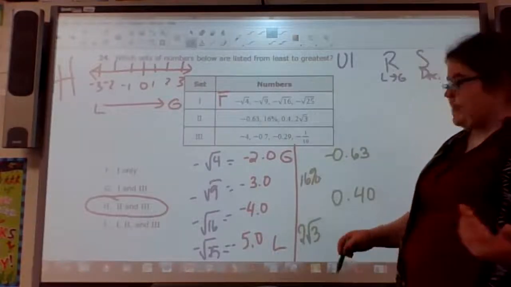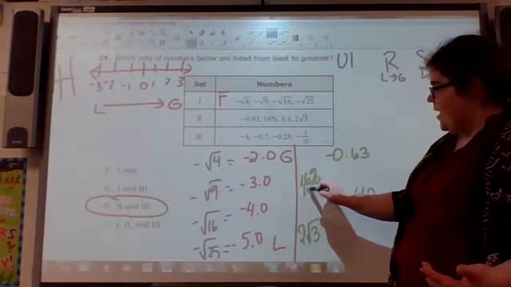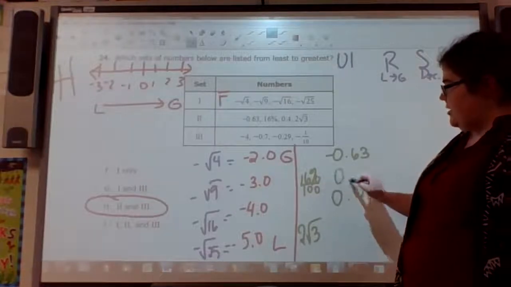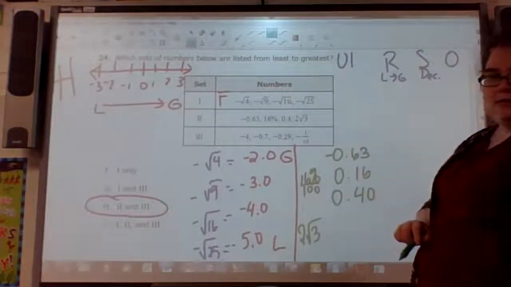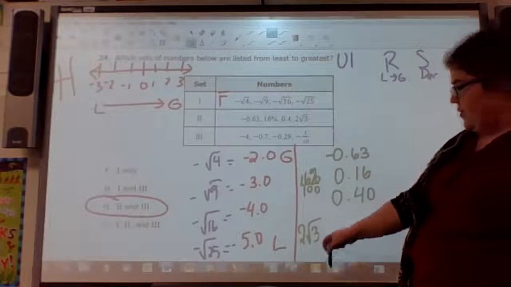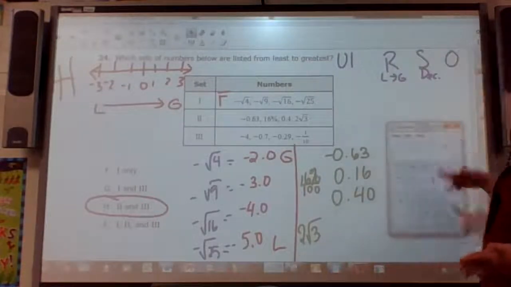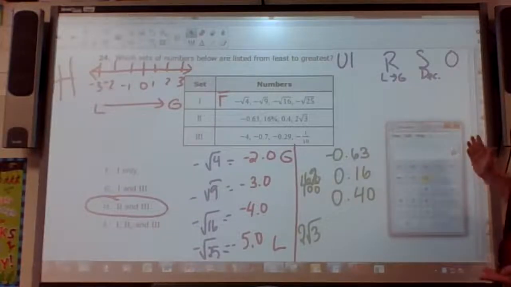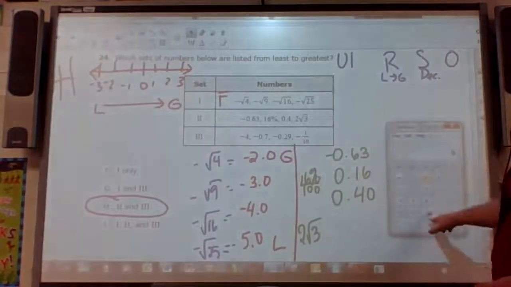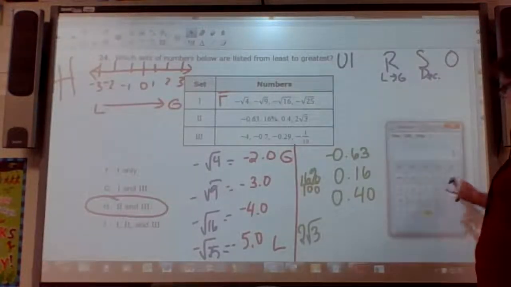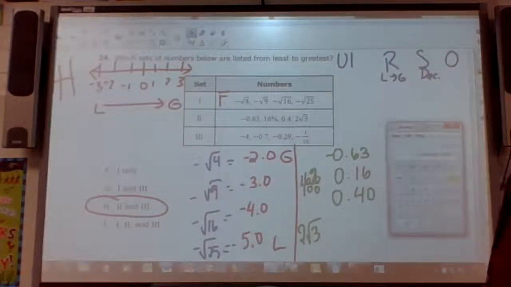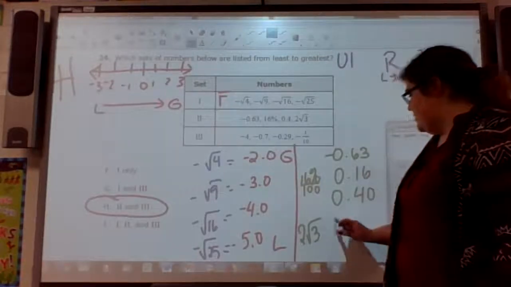So 16% divided by 100 is 0.16. For those that don't have a graphing calculator at home, I'm just using a 2-function calculator, so you can use that to help. I do 3, then the square root, and then I take this number and times it by 2. And I get 3.46.